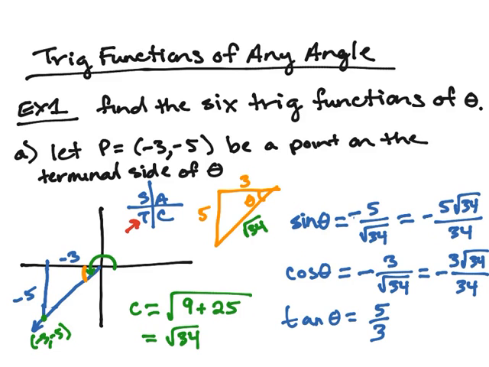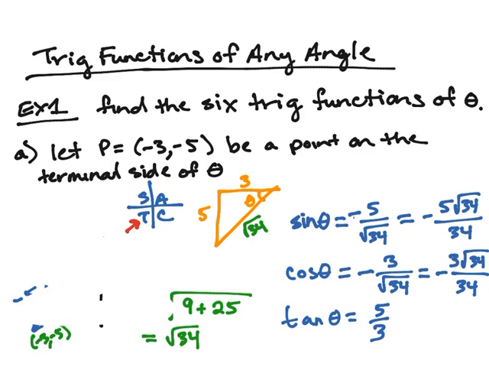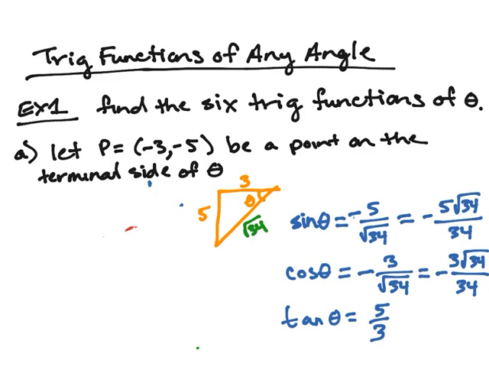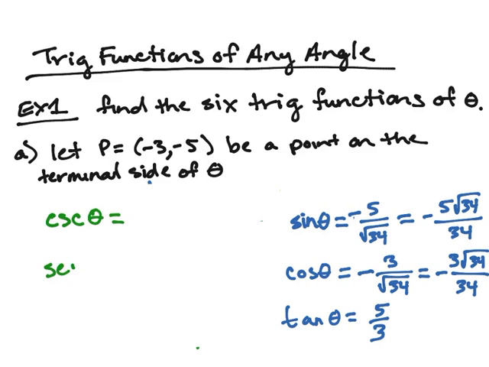Now we've got to do our reciprocal functions. Let me make some room here. Okay, sine goes with cosecant theta, cosine goes with secant theta, and cotangent is the reciprocal function of tangent. When I do these, we don't want to look at our final answers after we've rationalized something, because then I would flip it or take the reciprocal and have to rationalize again.